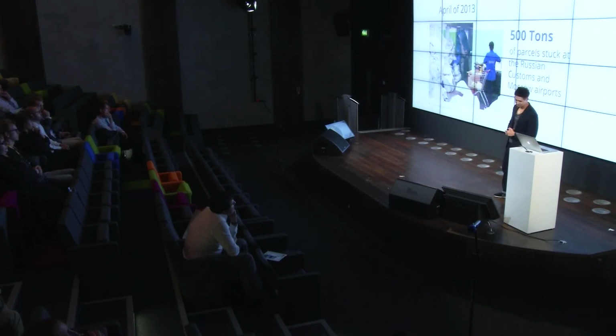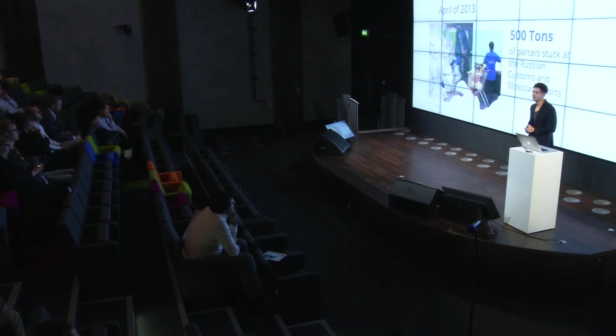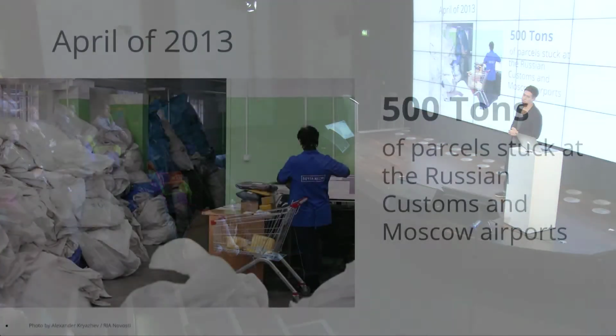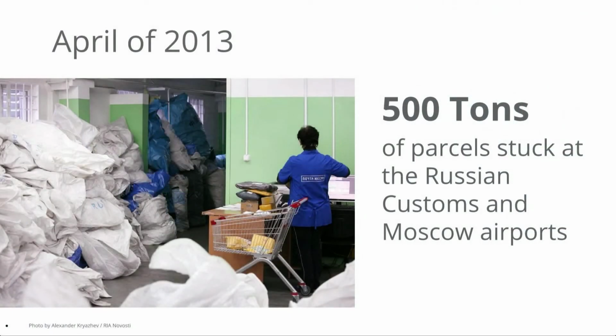Okay, and to give you an example of how complicated things can actually get, I'm going to talk about the situation that happened in April of this year, when, as a result of the increased number of package shipments, mainly parcels from eBay and Amazon, up to 500 tons of packages were stuck at Moscow airports and Russian custom checkpoints.